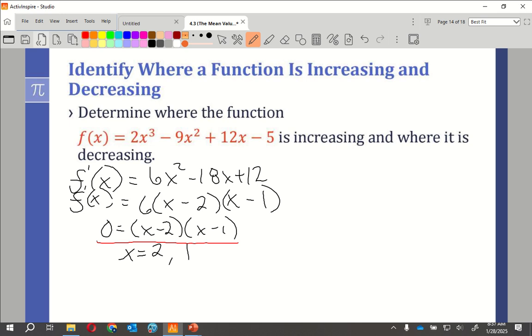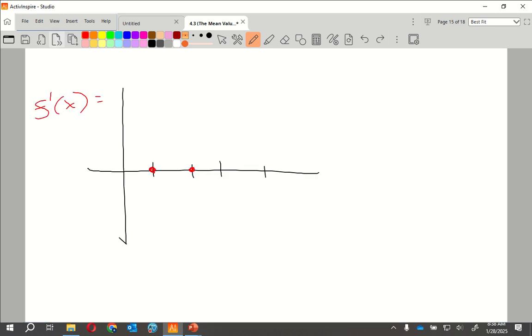Multiply those together, that would give me a positive 2. So f prime of 0 is positive. That means this region is positive, so on this side, it's above the line.